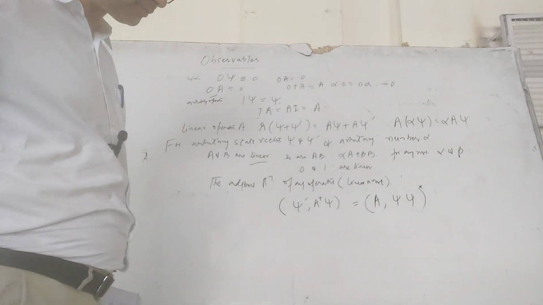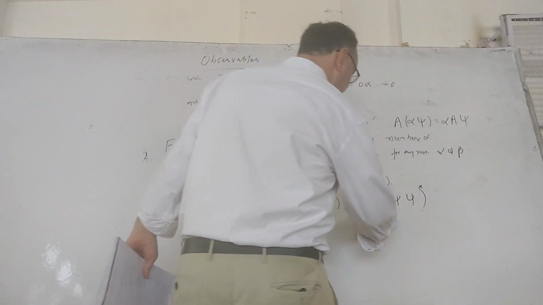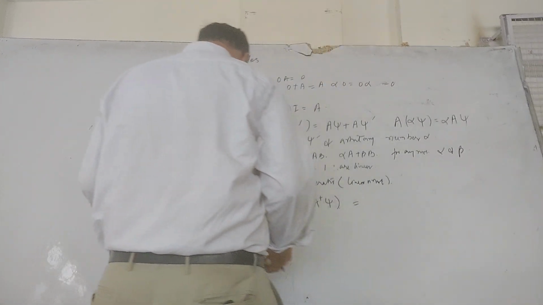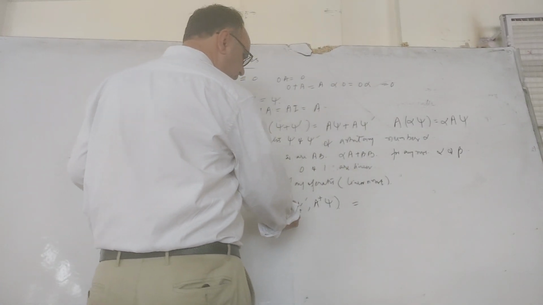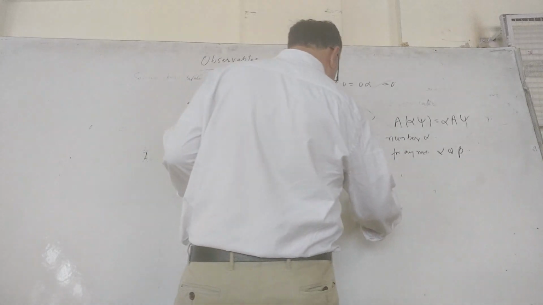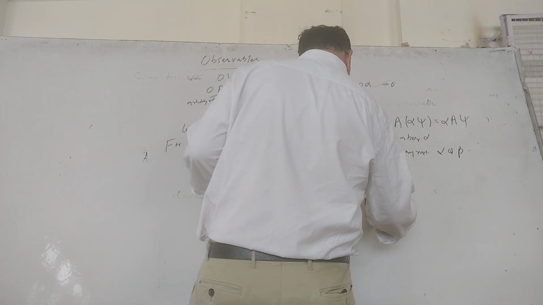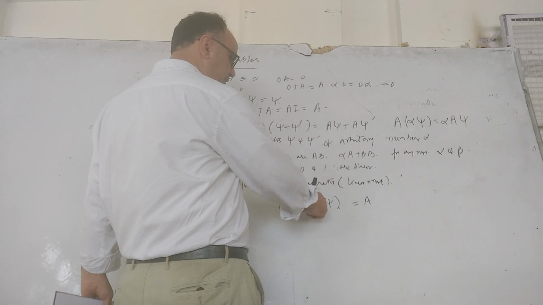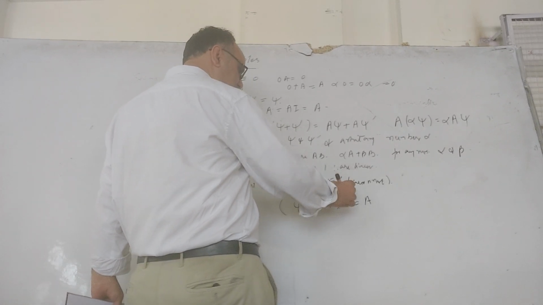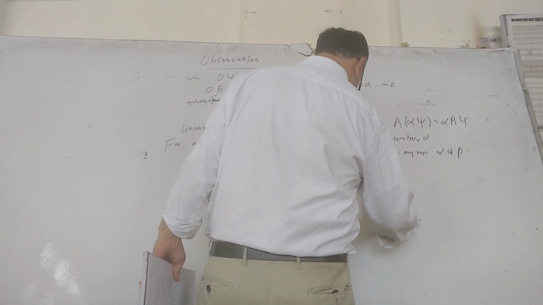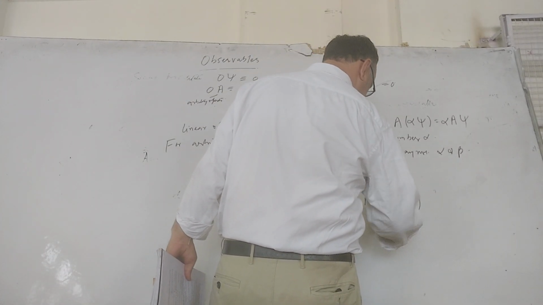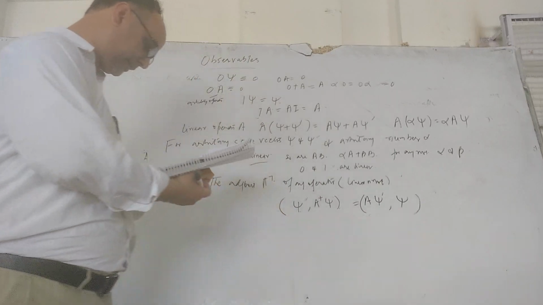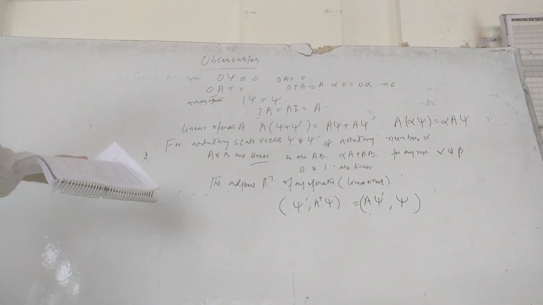So if it comes here, the A dagger will come out to be A psi. So A dagger will be A, this psi will be psi prime, and psi will come back. So you can write it like this. Now this is fine.